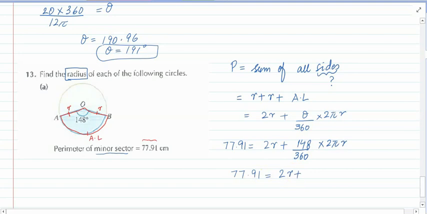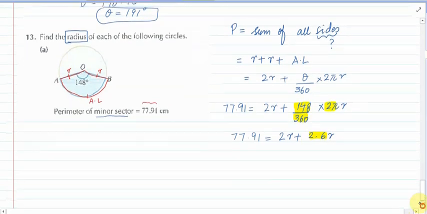Now 148 divided by 360, it's 0.411, right? So what I am going to do, I am going to solve 148 divided by 360 and then multiply it with 2 pi. So when I multiply it with 2 and then pi, its answer is 2.6 R, right? This whole shaded part answer is 2.6.